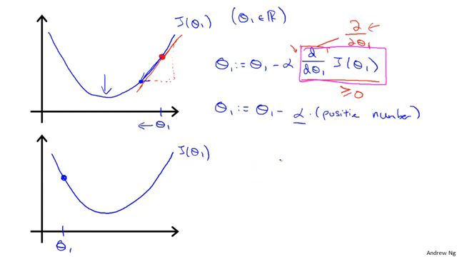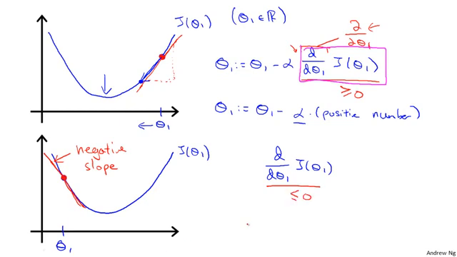Now my derivative term d/d theta 1 of J of theta 1, when evaluated at this point, is the slope of that line. But this line is slanting down, so this line has negative slope. Alternatively, I can say that this function has a negative derivative, which just means negative slope at that point. So this is less than or equal to 0.